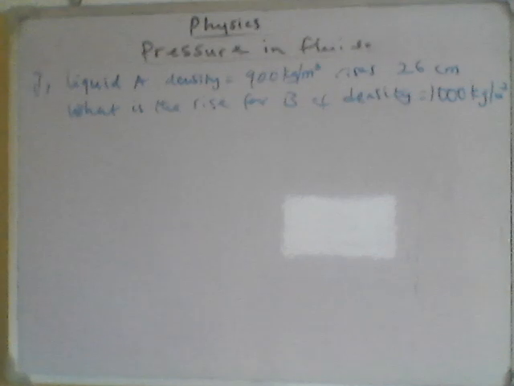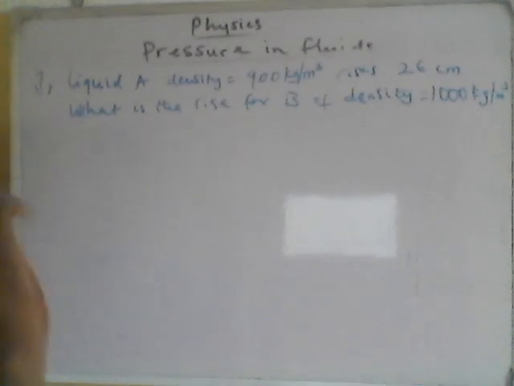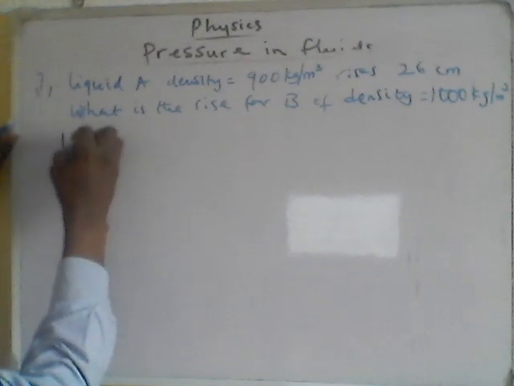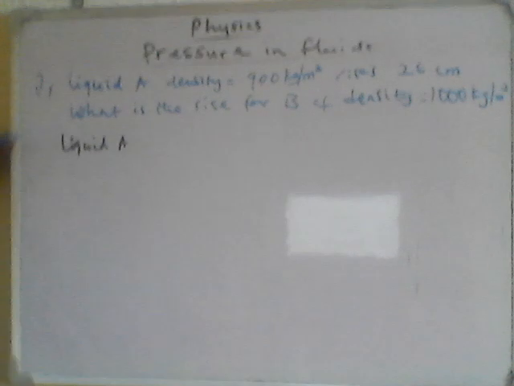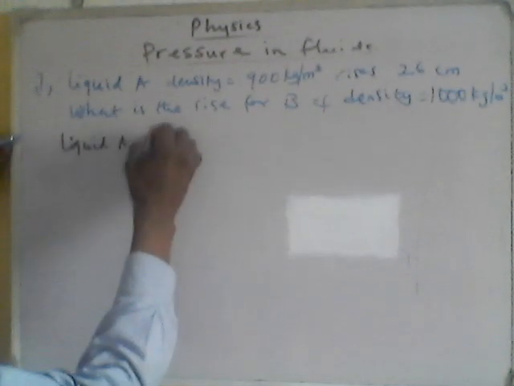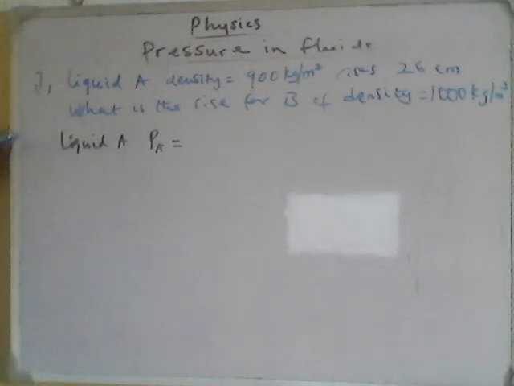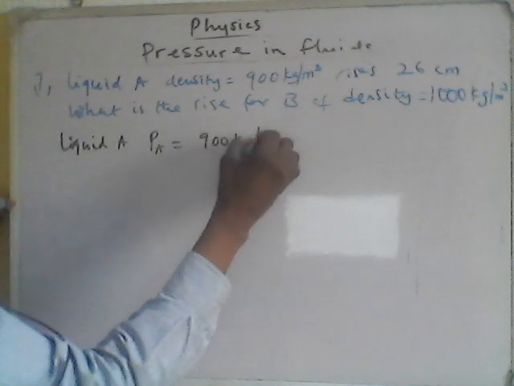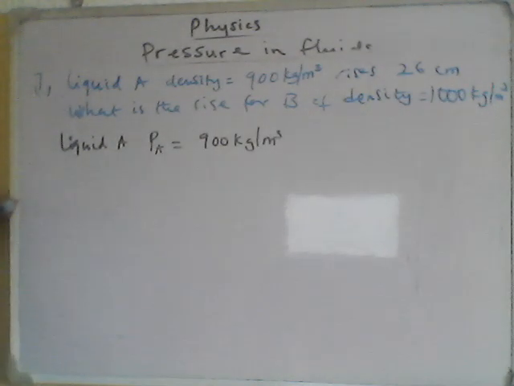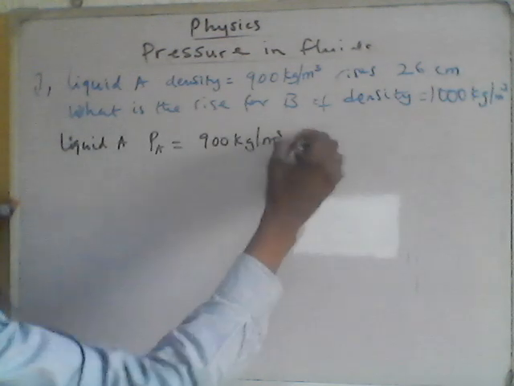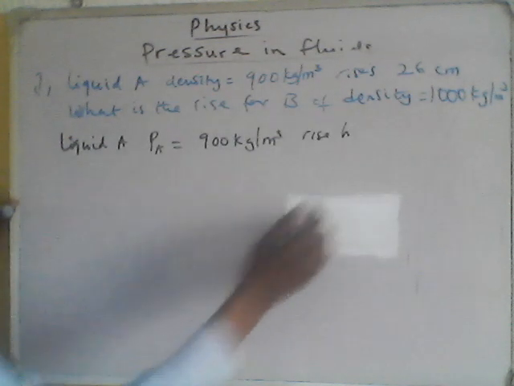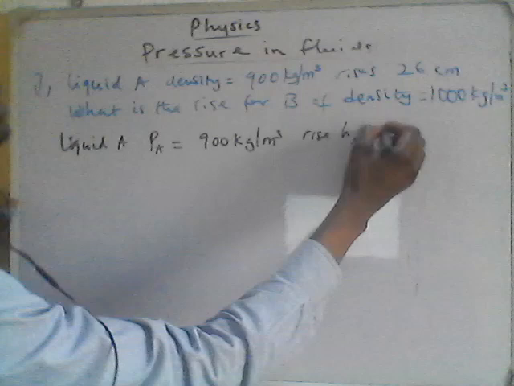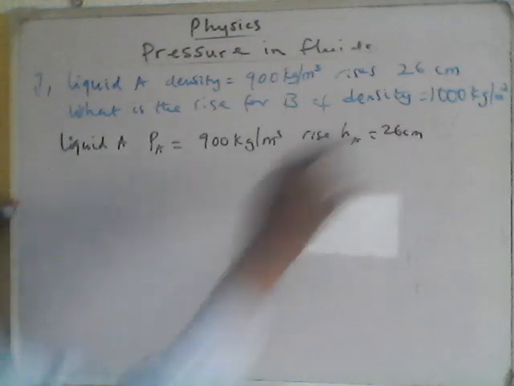So given that liquid A has a density of 900 kilogram per meter cube, and the rise for liquid A is 26 cm. We'll also convert this to meters.